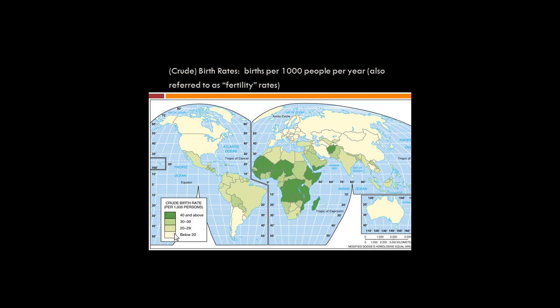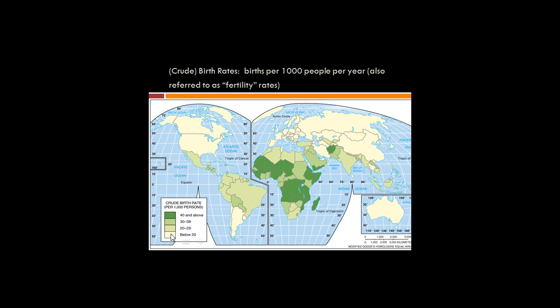Finally, the lightest color tone, the very light green or even gray, for example, Argentina and also the United States, below 20, what that means for us is they have a low crude birth rate. So just to summarize, high, these 2 are moderate, and then finally the lowest category we will call low.